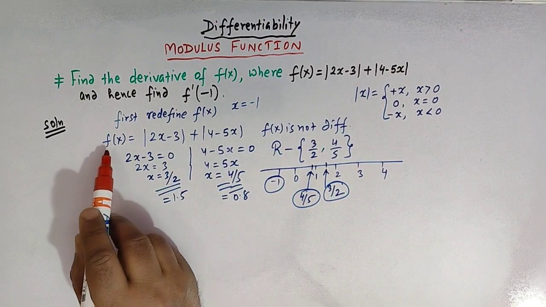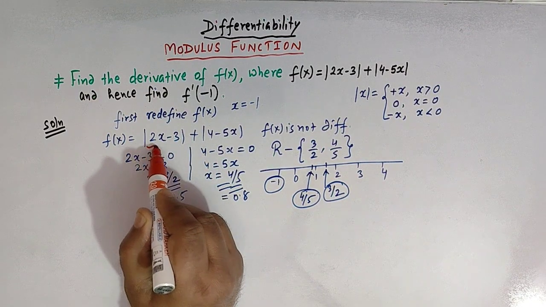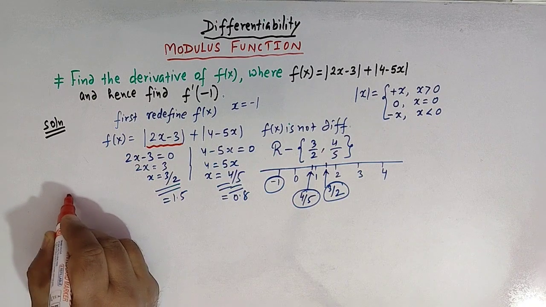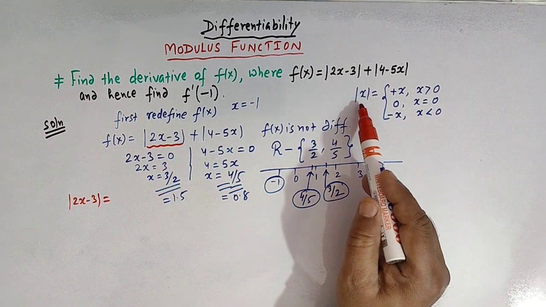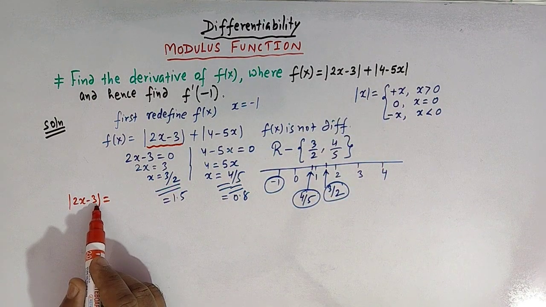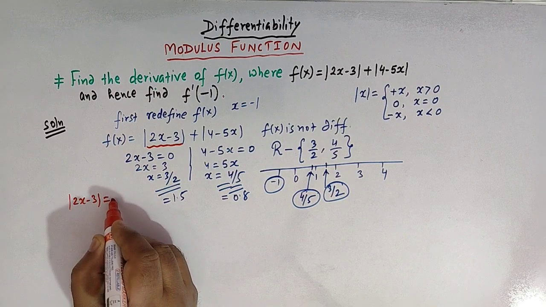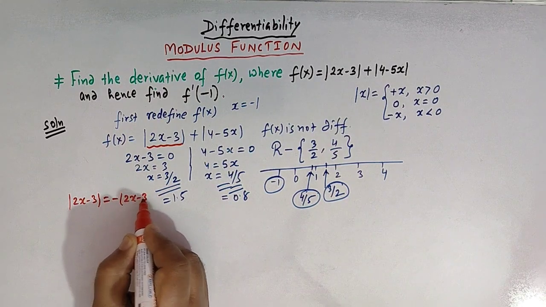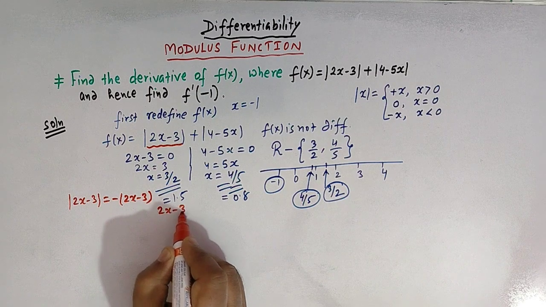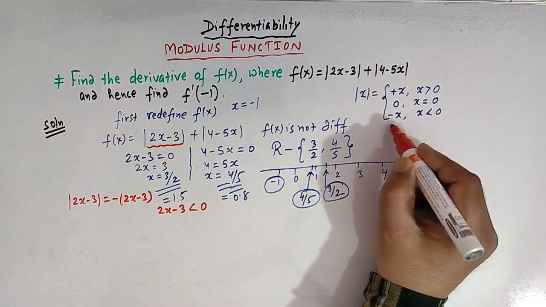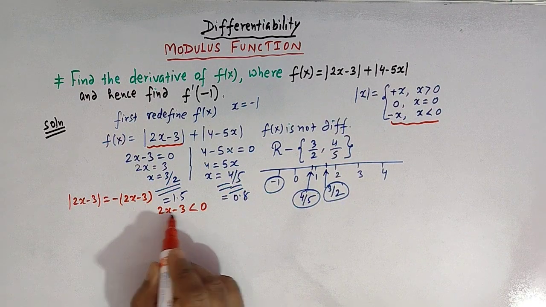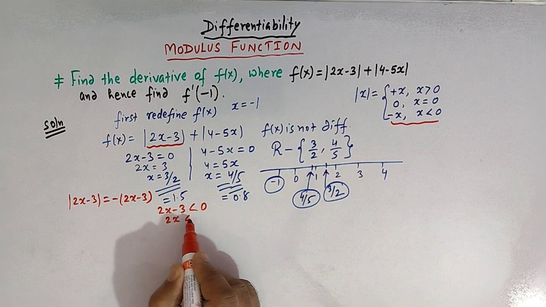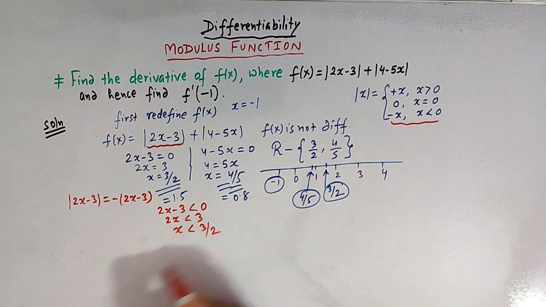To redefine this function f of x, let us first take this term, mod of 2x minus 3. By using this definition, mod of 2x minus 3 is equal to negative of 2x minus 3 whenever 2x minus 3 is less than 0. If we solve this inequality, then we get 2x is less than 3 and x is less than 3 over 2.